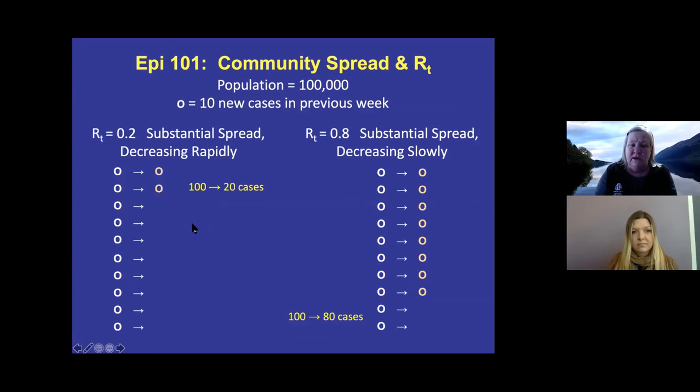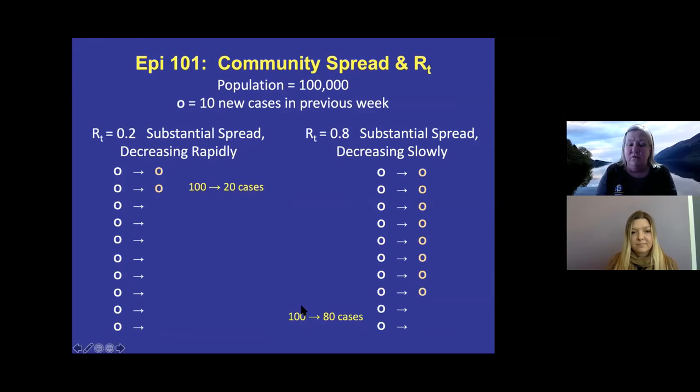Now, if we look at an RT within this group that's in substantial spread, with an RT of 0.2, again, we see that it will rapidly decrease the number of cases. We're going to go from 100 cases down to just 20 cases. But if we have an RT of 0.8 with substantial spread, it's going to decrease much slower.